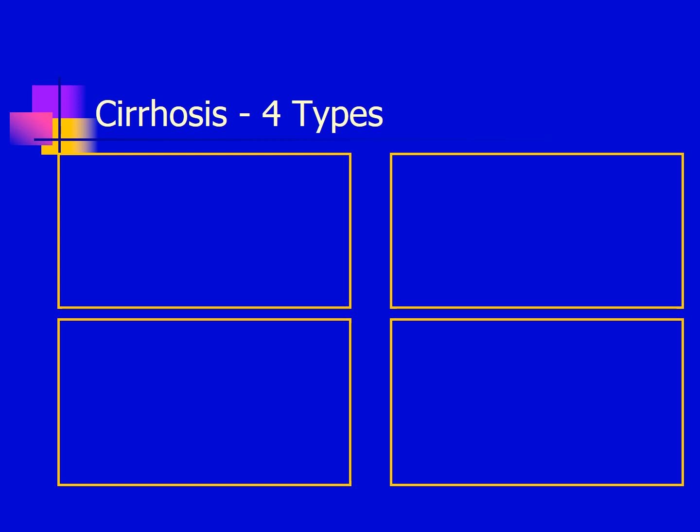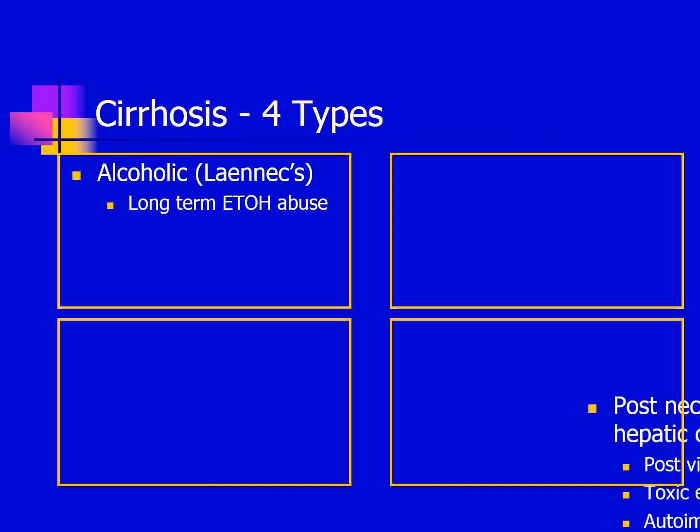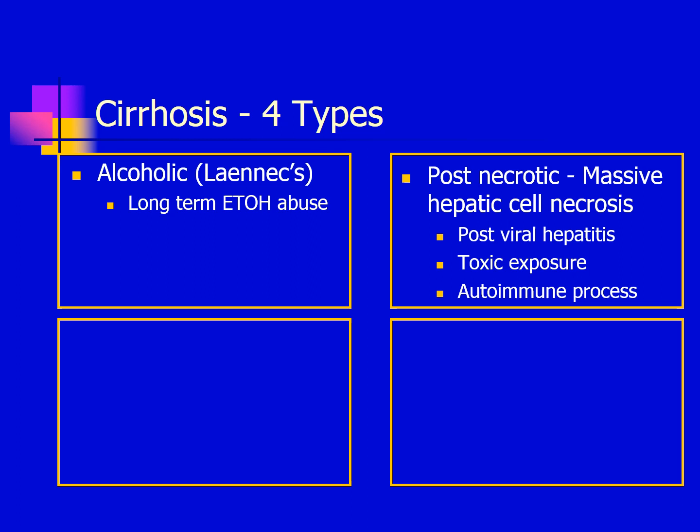So now we're talking about the 4 types of cirrhosis. There's alcoholic cirrhosis, and it's usually due to long-term alcohol abuse. There's post-necrotic cirrhosis, which is usually from mass hepatic necrosis, usually after some type of toxic exposure, autoimmune process, or post-viral hepatitis.